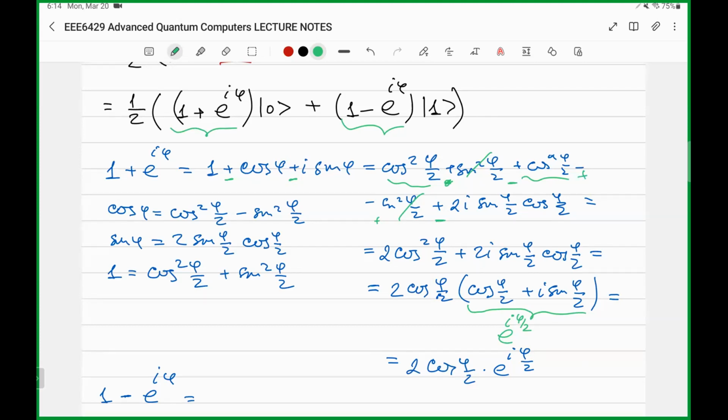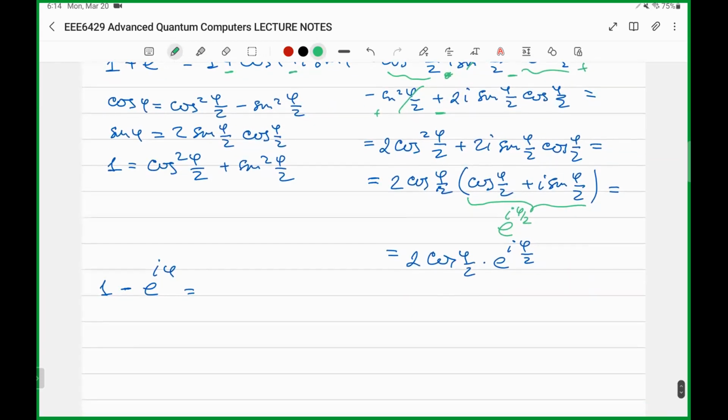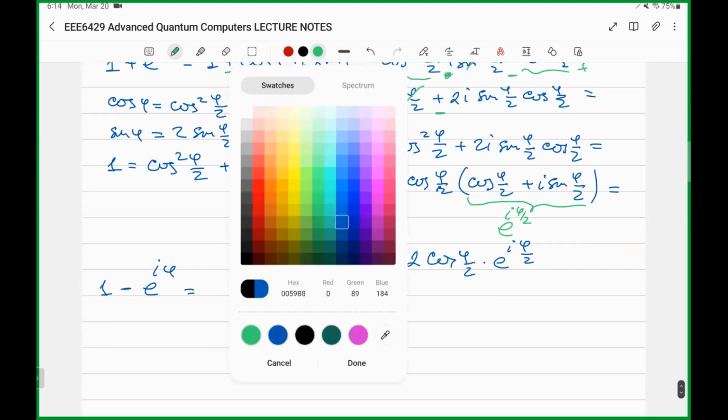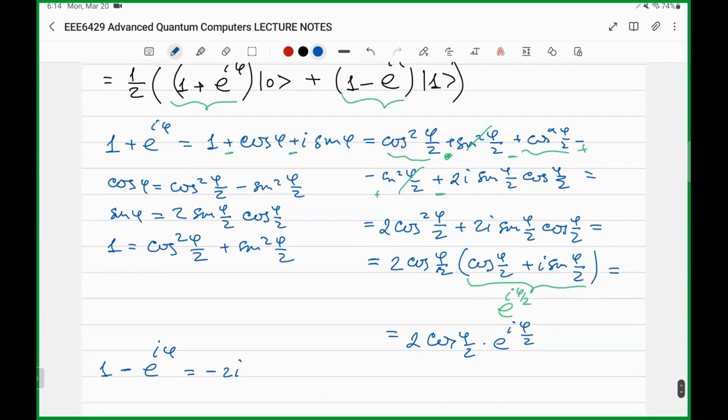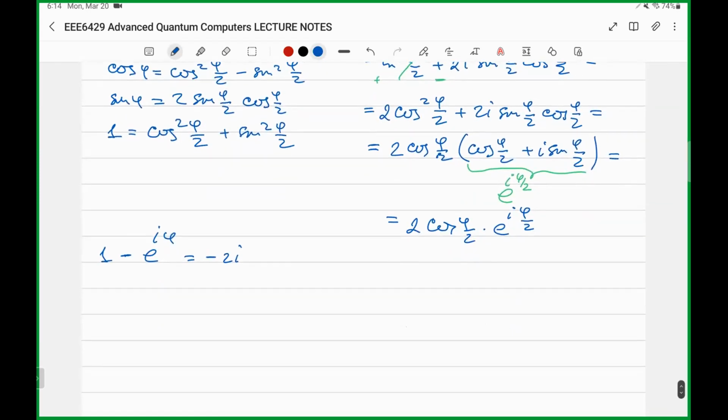Right, so what I get, instead of canceling sine, I have canceling cosine square phi over 2. Right, so the result will be minus 2i, this minus here. All right, then sine phi over 2 e to the power of i phi over 2.